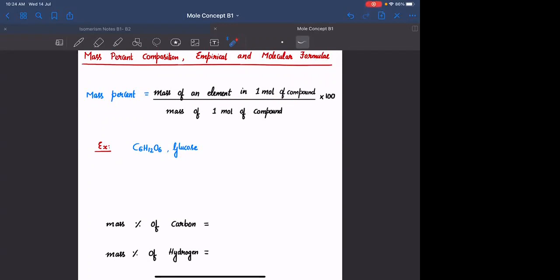Agreed? Mass percent is calculated as 1 mole compound में आपको जो भी mass है grams में आएगा, सो आप लोग को ज्यादा confusion नहीं रहेगा, इसलिए I am calculating mass of an element in 1 mole of a compound divided by mass of 1 mole of compound into 100, mass percentage or percentage by mass.